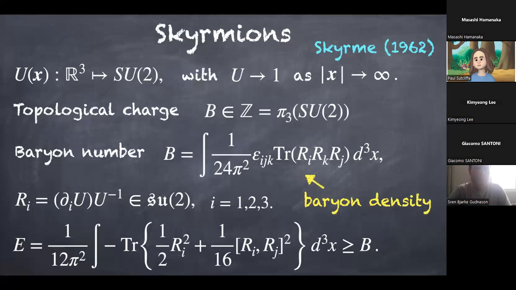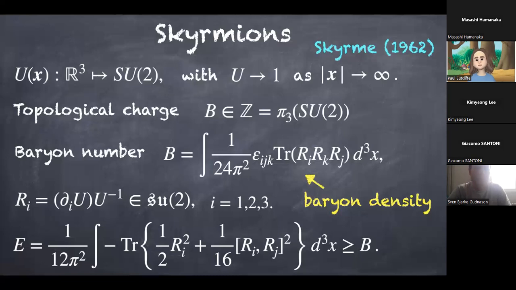And since SU2 is basically also a three-sphere, there's a topological charge here, which is good because we're interested in topological solitons. This topological charge is an integer, and it tells you how many times you cover the target three-sphere as you move throughout space. So how many times do you cover the space of SU2 matrices as you move through space once?